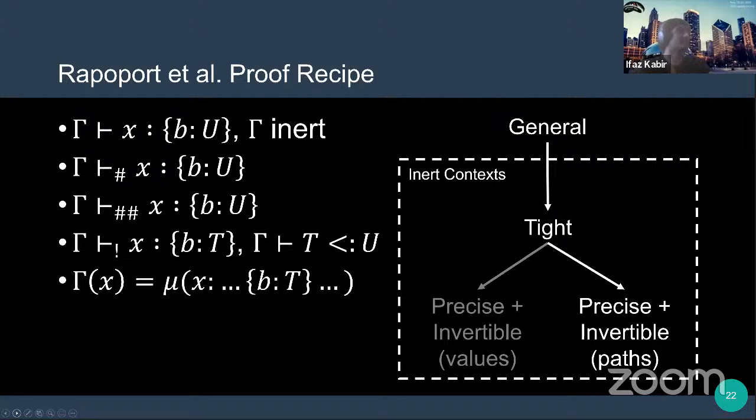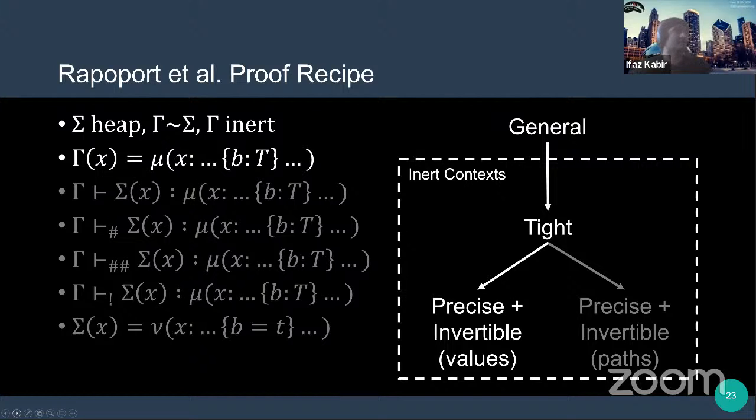So we went from the type of X to the type that's bound to X in the context. We now have to go to the value that X refers to. Suppose you have a heap or store sigma, and gamma types all the objects in the heap, and gamma is inert. Then by inverting the heap or store correspondence relation, we can say that the value referred to by X in the heap has to have the recursive object type.